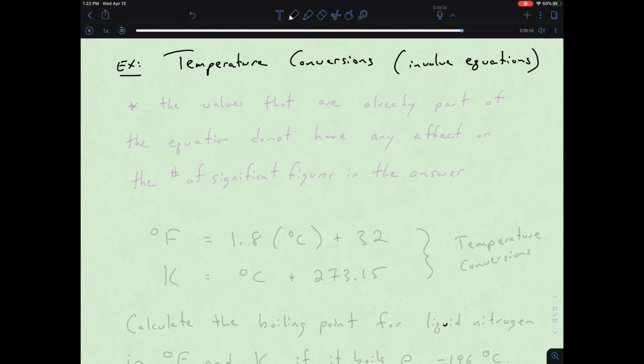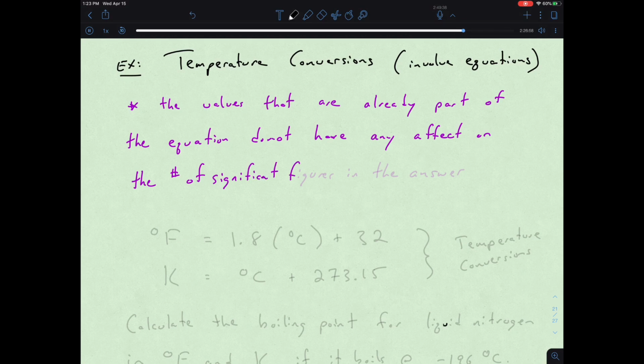So when looking at these temperature conversions, the values that are already part of the equation do not have any effect on basically the number of sig figs in that answer that we're looking for.